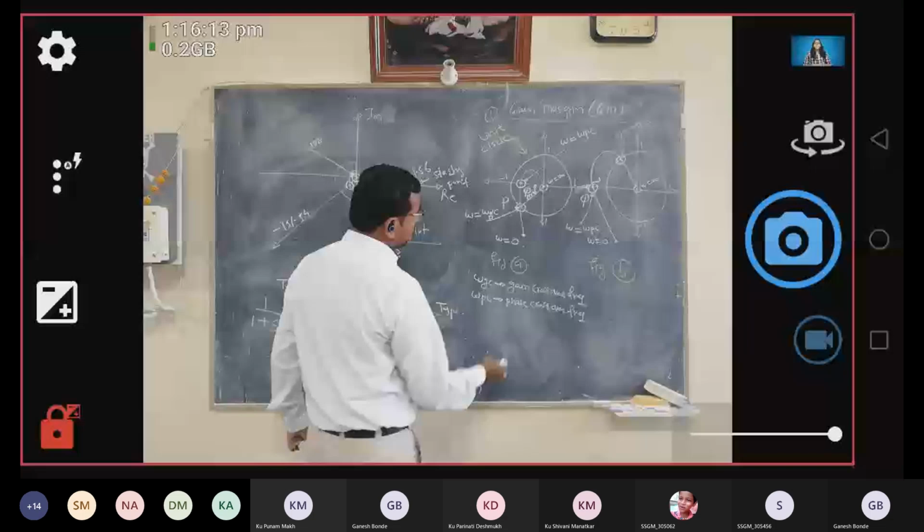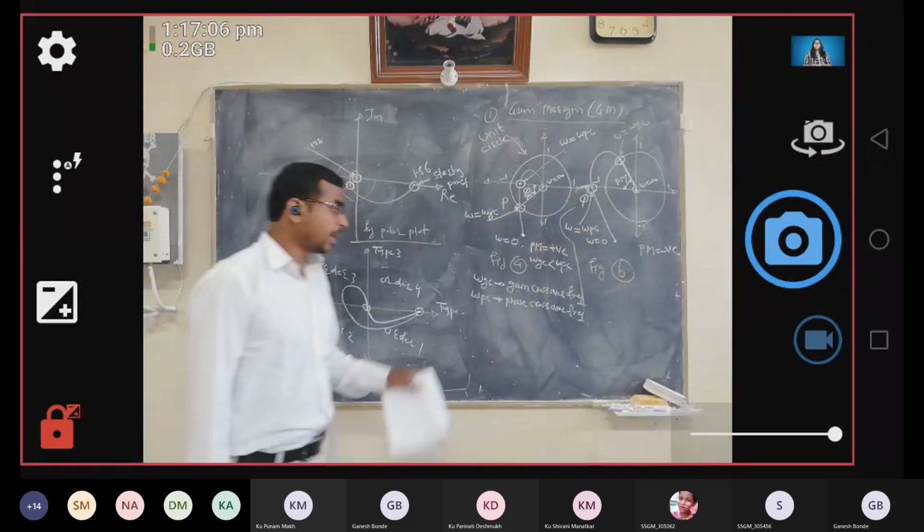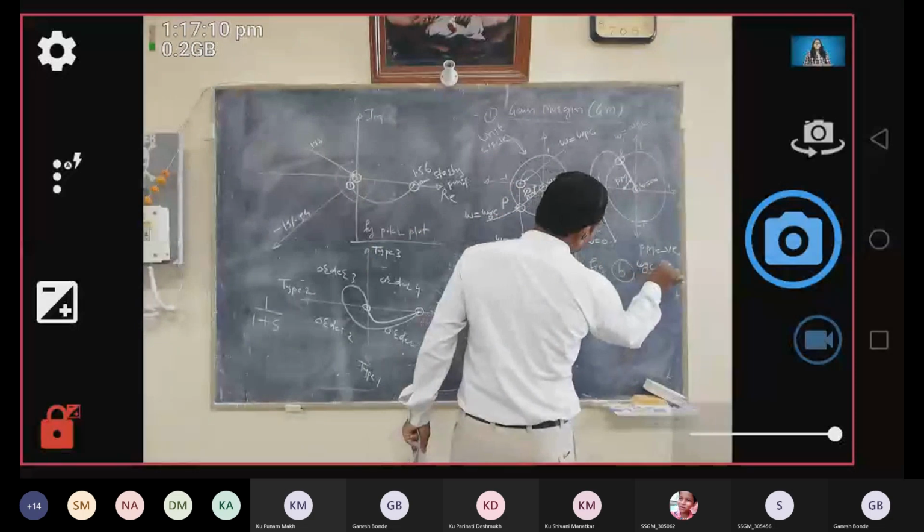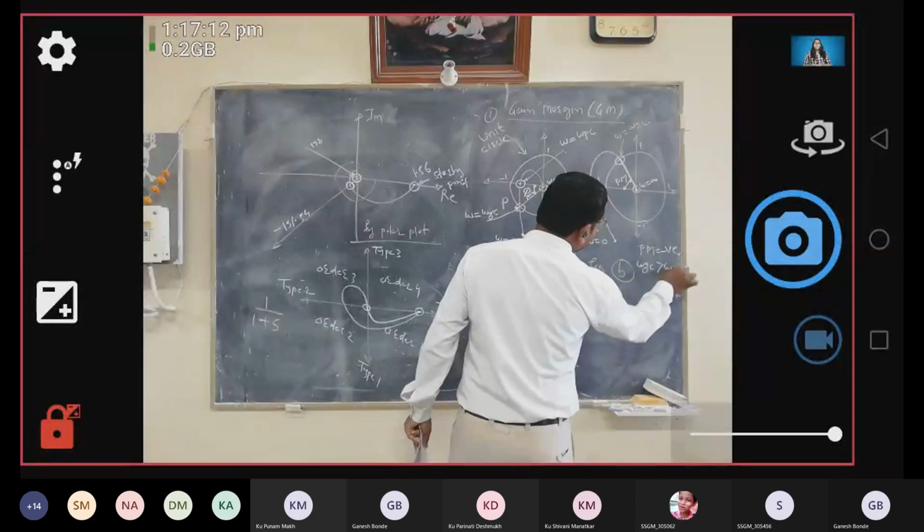Then for this figure, you just join, so here we have joined. This angle is nothing but your phase margin, measured above the negative real axis. Here in this case, phase margin is negative, and omega GC is greater than omega PC.